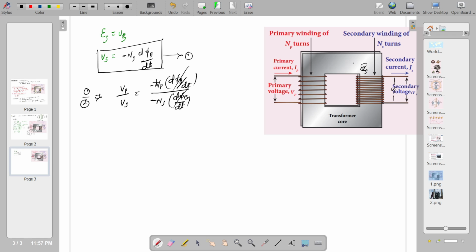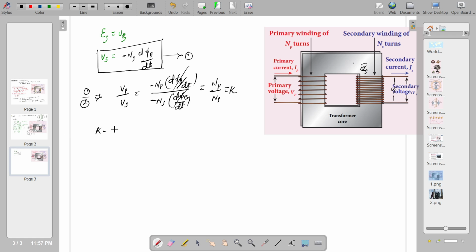You can cancel the two negatives and the flux terms, so you just have Np divided by Ns. This should be equal to some constant k.